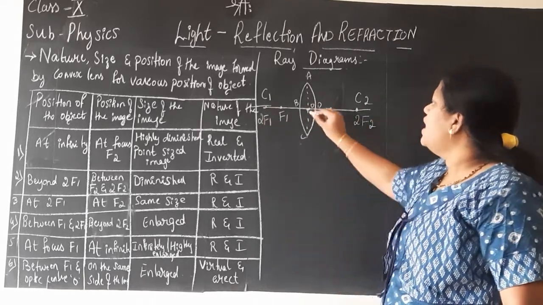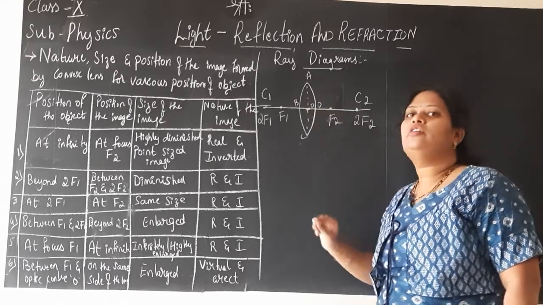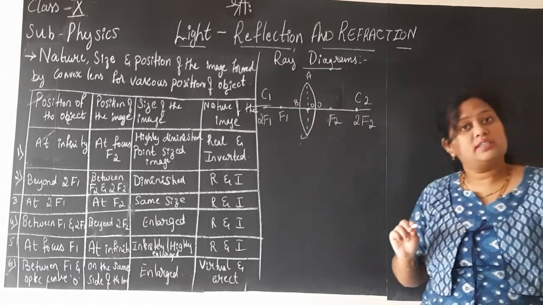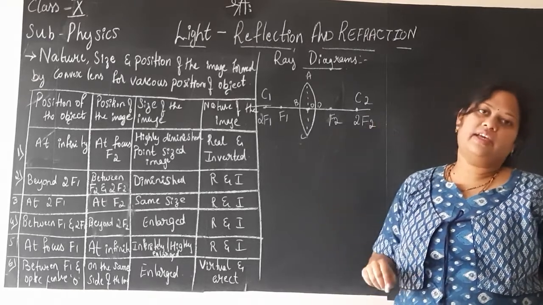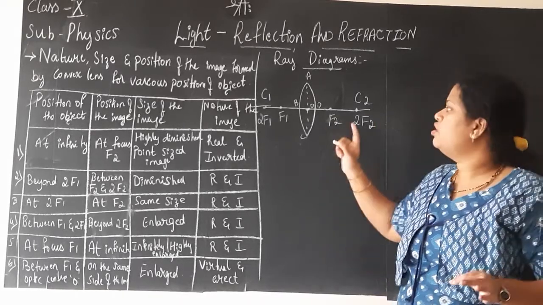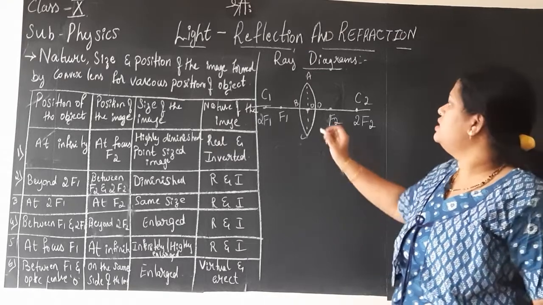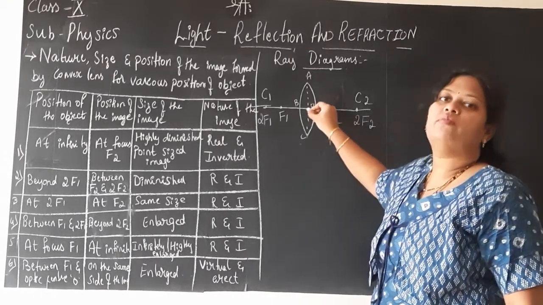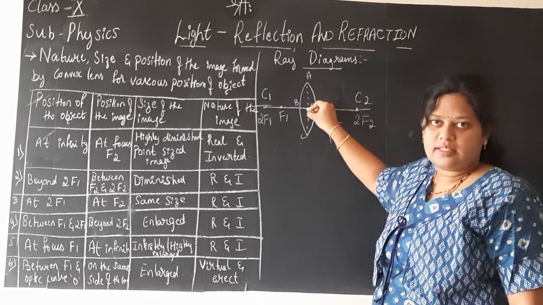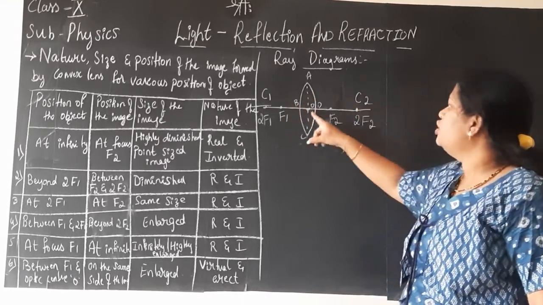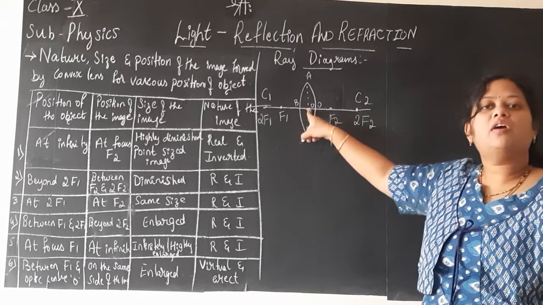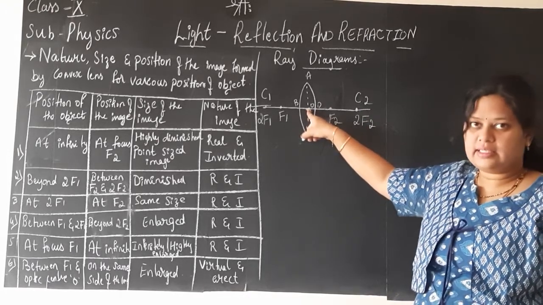Now children, as we studied in case of the mirror, all the distances are measured starting from the pole of the mirror. Similarly, in case of the lens also, all the distances are measured starting from the optic center of the lens. Any distance you want to measure, you should measure starting from the optic center of the lens.